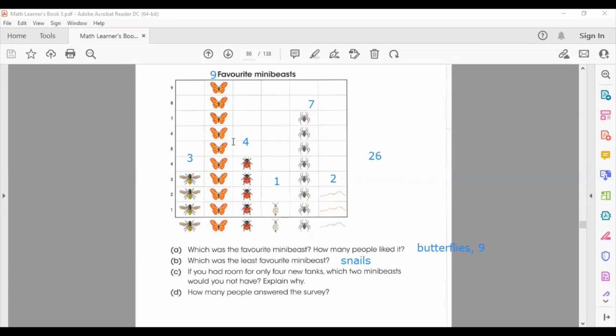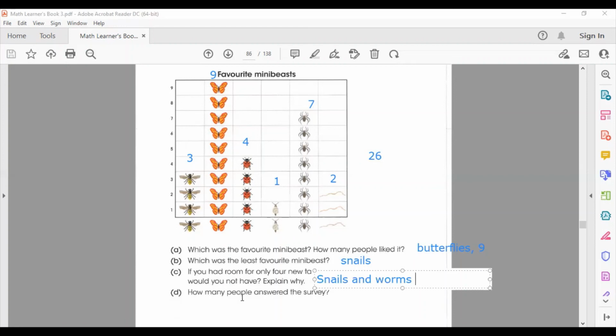So when you write right here, snail and worm, because people don't like snails and worms. Why? Because they were the least popular.